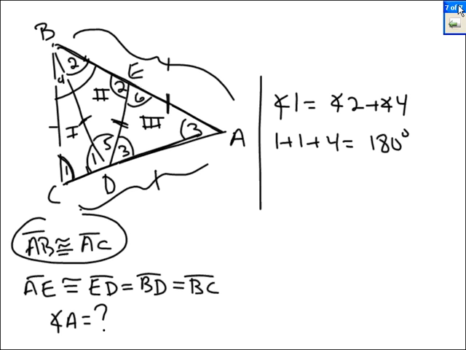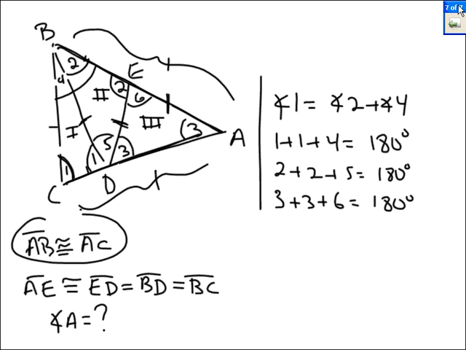And when I write 1, I don't mean the number 1, I mean angle 1. And in triangle number 2, we know that 2 plus 2 plus 5 is 180 degrees. And in triangle 3, I know 3 plus 3 plus 6 is 180 degrees. And then I look at straight angles.